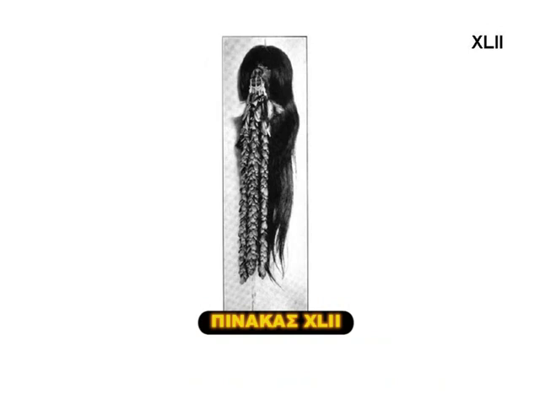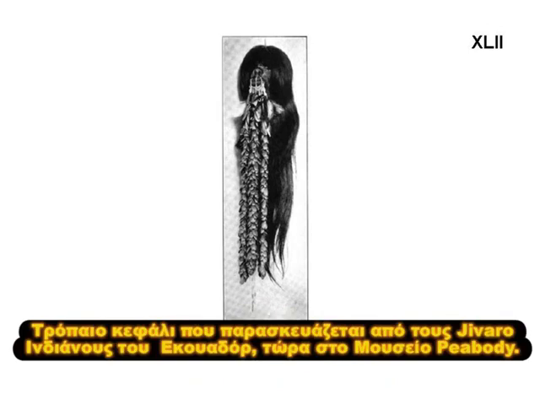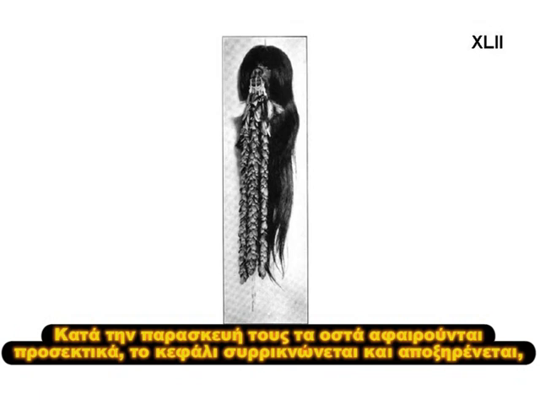Plate 42. Trophy head prepared by Jivaro Indians, Ecuador, now in the Peabody Museum. In the preparation of such trophies the bones are carefully removed, the head shrunken and dried, and frequently, as in this example, ornamented with brilliant feathers.